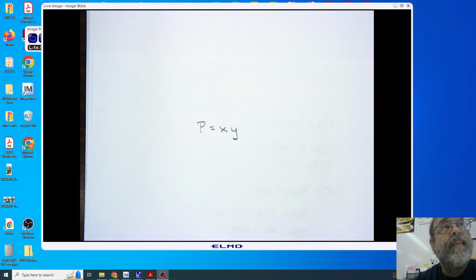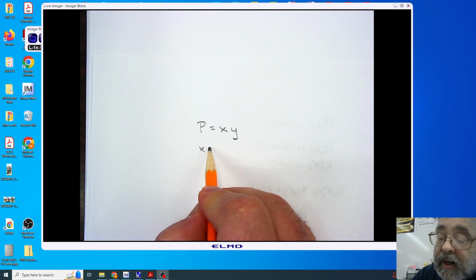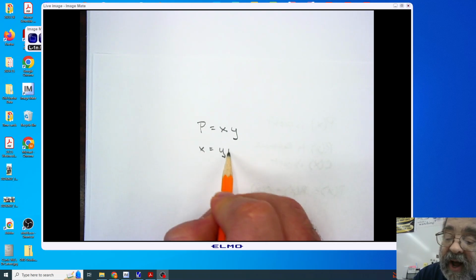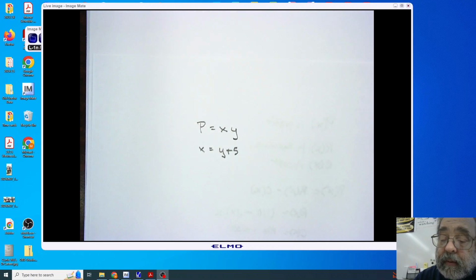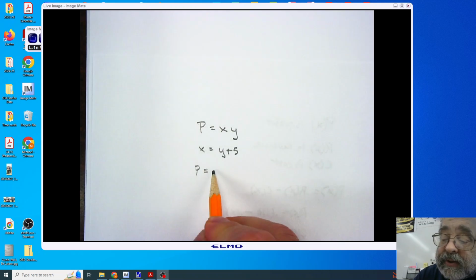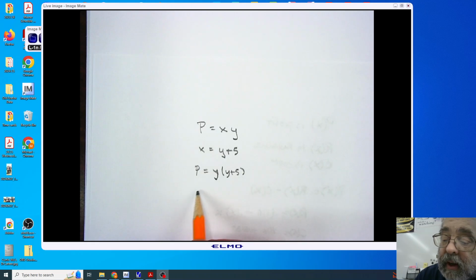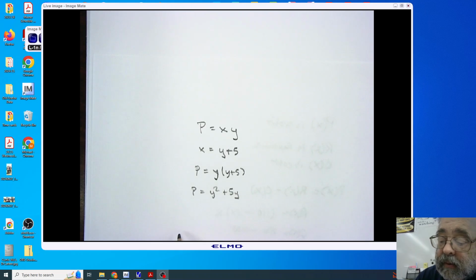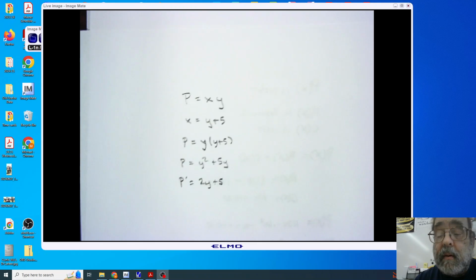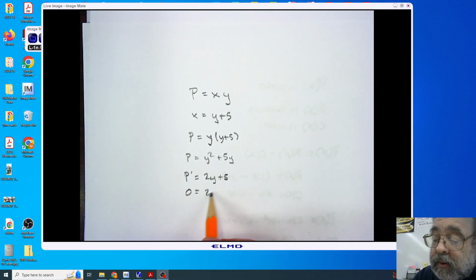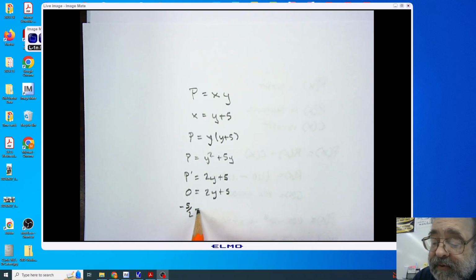an x and a y. I'm going to say x is the positive, in which case it is 5 more than the y value. I now know that my product has to be y times y plus 5, and therefore p is y squared plus 5y. Taking the derivative, p prime, I get 2y plus 5, setting it equal to 0. 2y plus 5 is then equal to negative 5 halves.